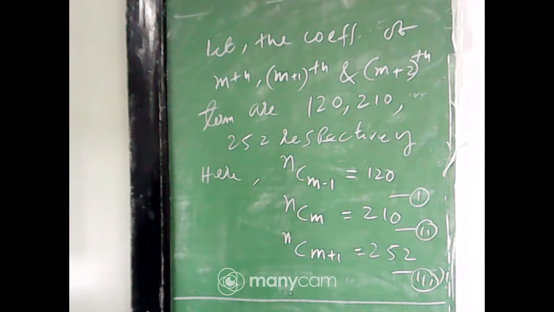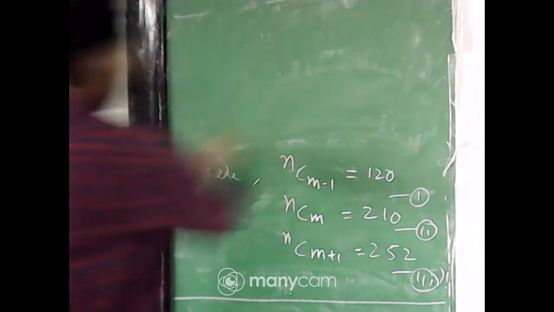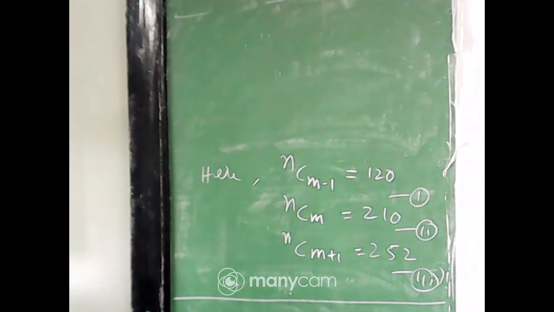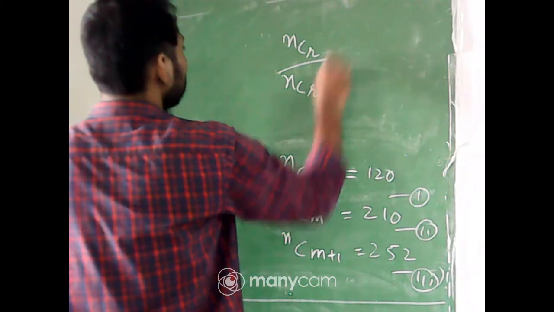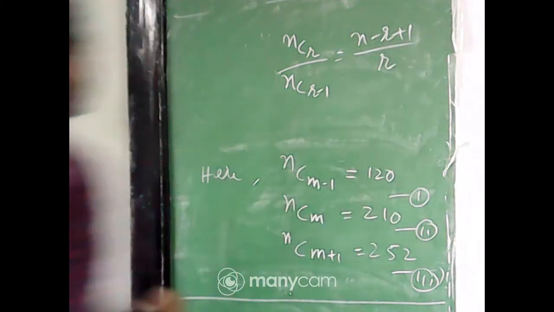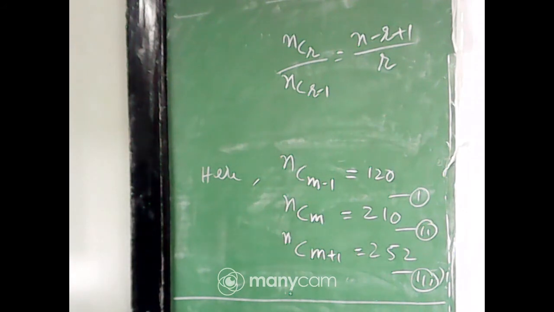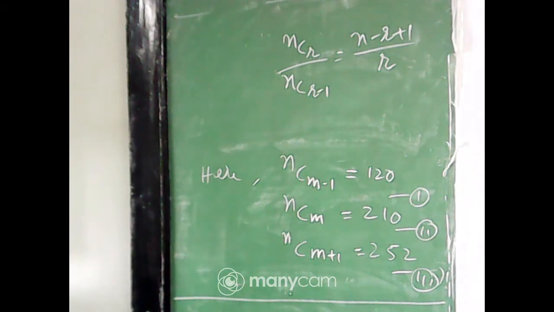Solving these three equations, we will get the value of n. Here we will use the formula nCr by nCr minus 1 equals to n minus r plus 1 by r.